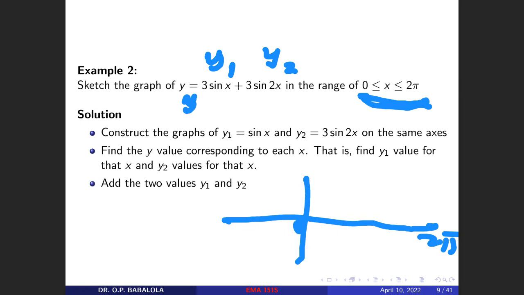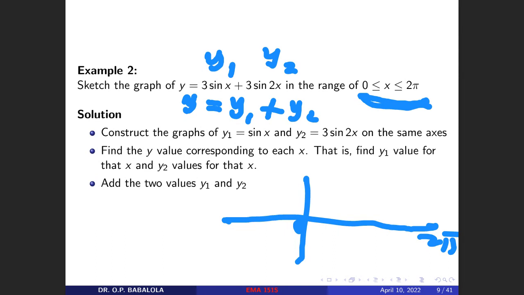And your y will simply be y1 plus y2, of course. So construct the graph of y1, which is 3 sine x, and the graph of y2, 3 sine 2x. You then construct these two graphs on the same axis.